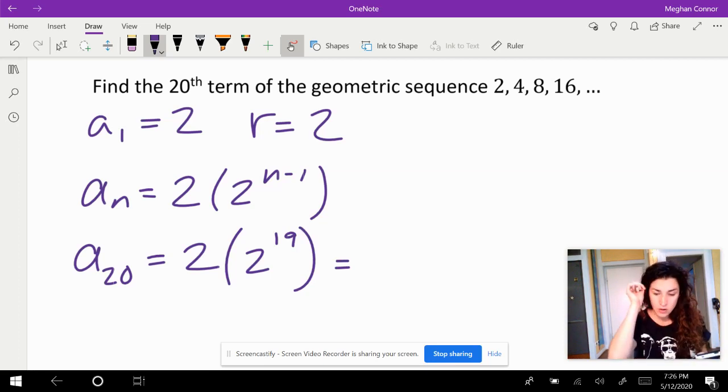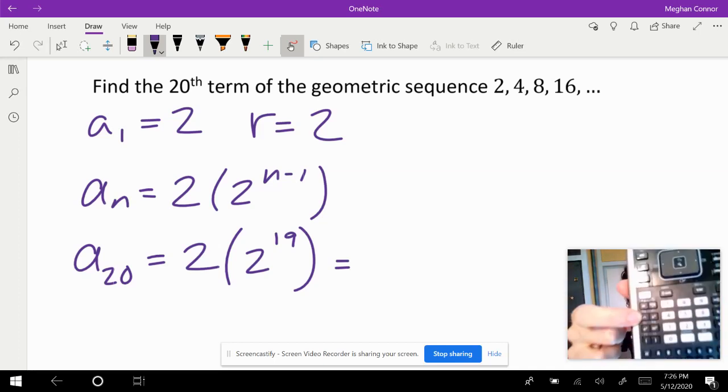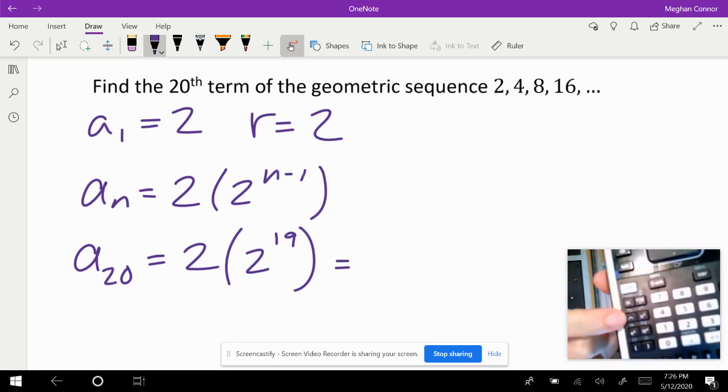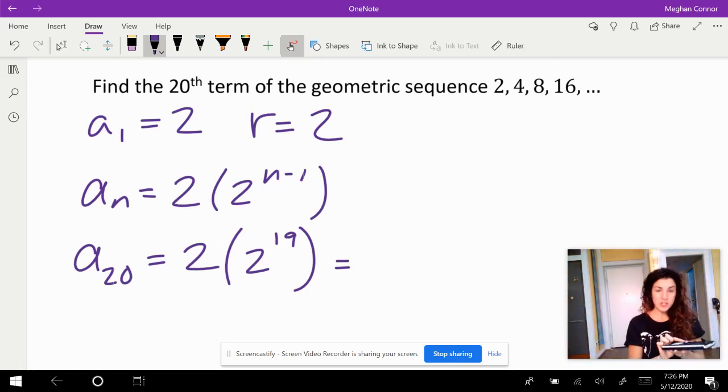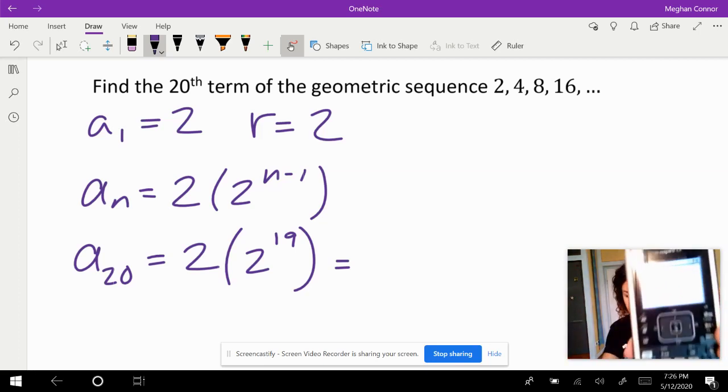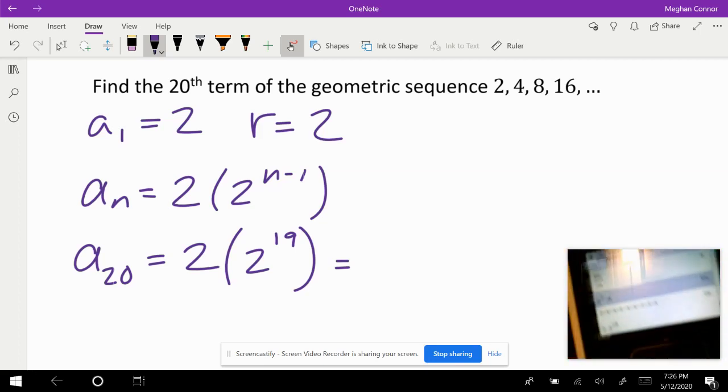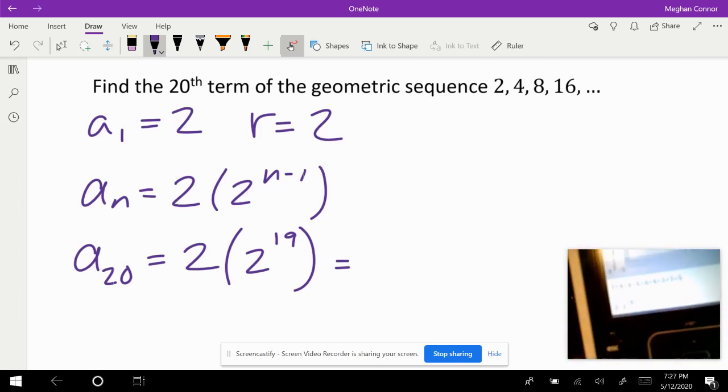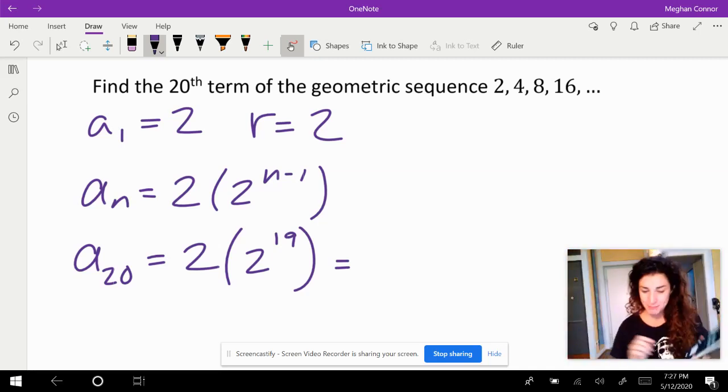If you still don't know how to do exponents that aren't squared, look for the caret. On your calculator, there's this little up arrow, which we call a caret. So if you press 2 times 2 caret 19, it'll look like that, if you can read that in very blurry calculator mode.